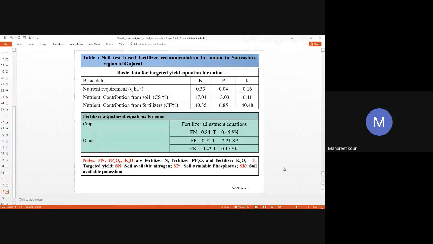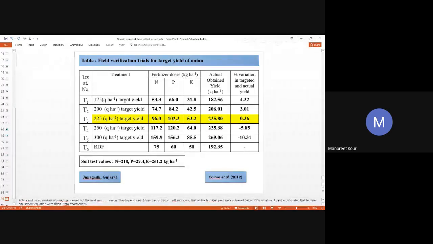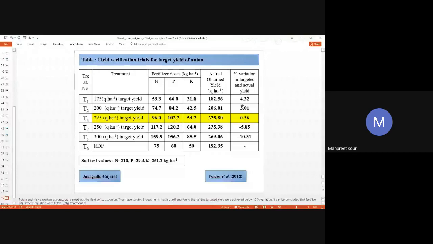Here is a clear example of how to get the 225 quintal per hectare target yield of onion. You have seen that different treatments have been taken here, but if we see the last column, where the percentage variation in the targeted and actual yield is given, you see that the least variation has been obtained in T3.